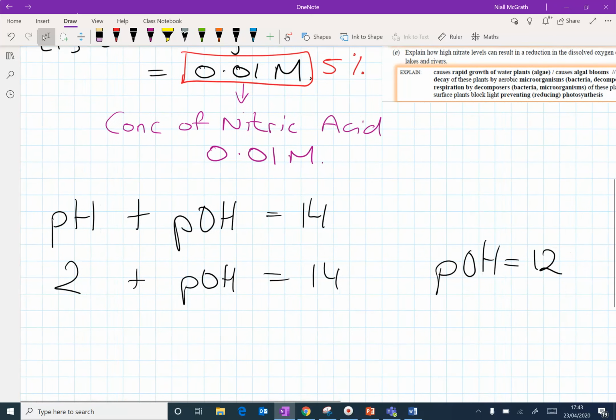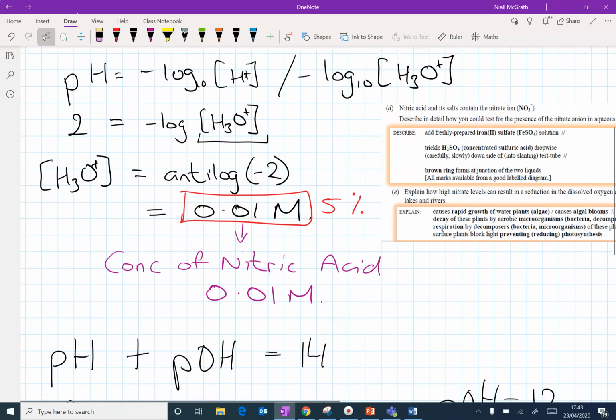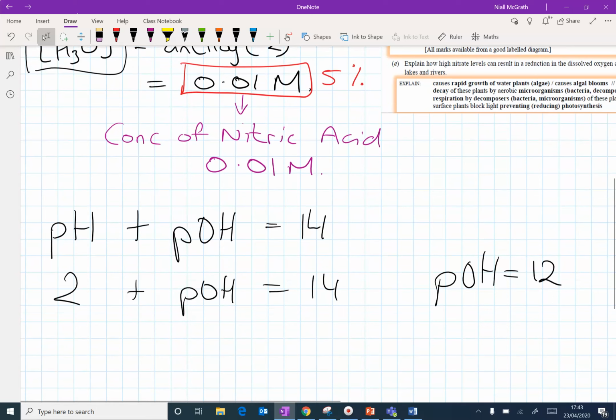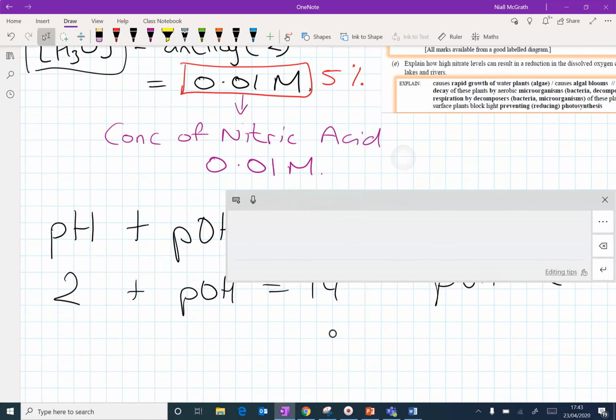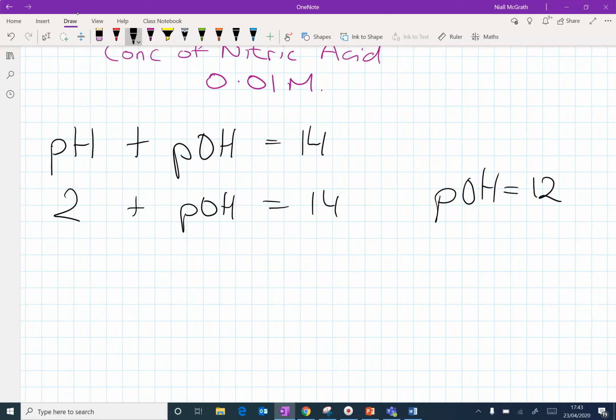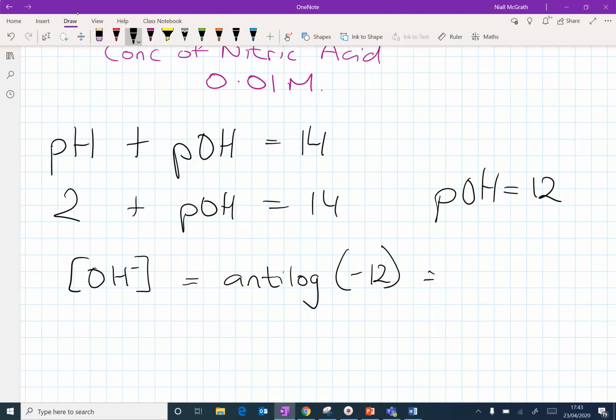Now, similar to what we did earlier to find the concentration of our hydronium ions, we're going to find the antilog. So our concentration of OH minus is going to be antilog of minus 12.